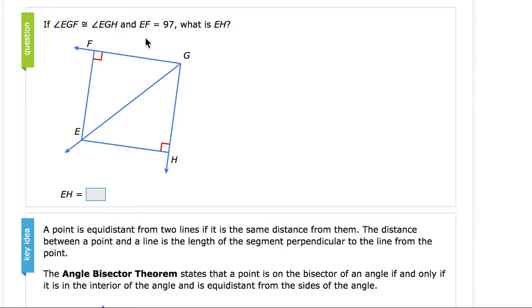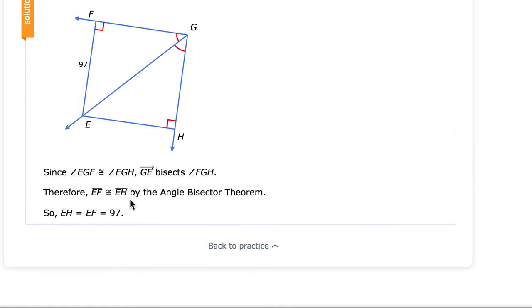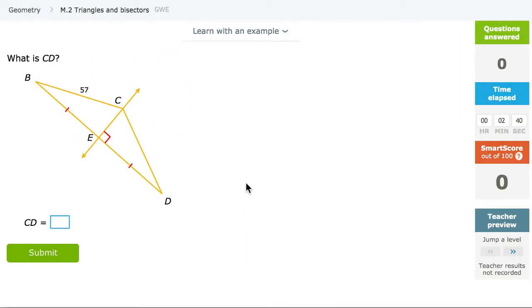If those are congruent and EF we're told is 97, then what is EH? We can conclude now this is the angle bisector, and therefore this segment has to be equal to this segment. So it would be 97. EH is equal to EF, therefore it is equal to 97. Let's try a few problems on our own.